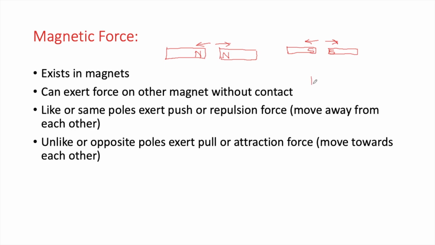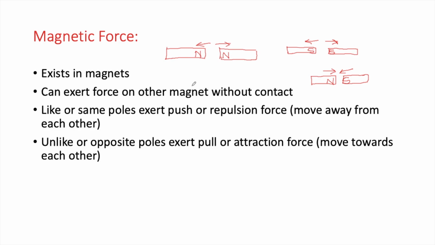However, if we place two opposite poles of the magnets towards each other, like north and south, or south and north, then they are going to attract each other. In this diagram, we have two magnets with north poles facing each other.